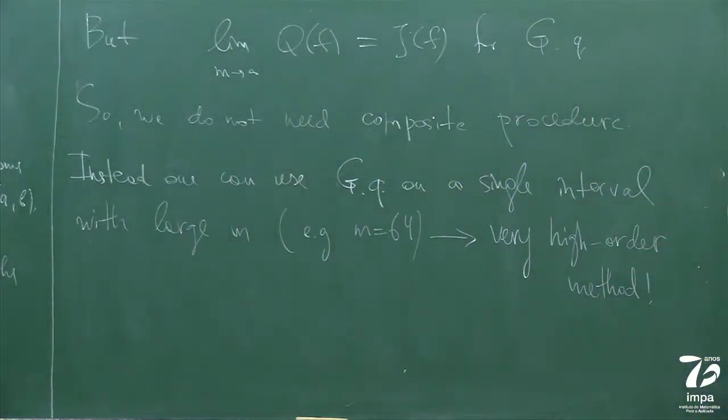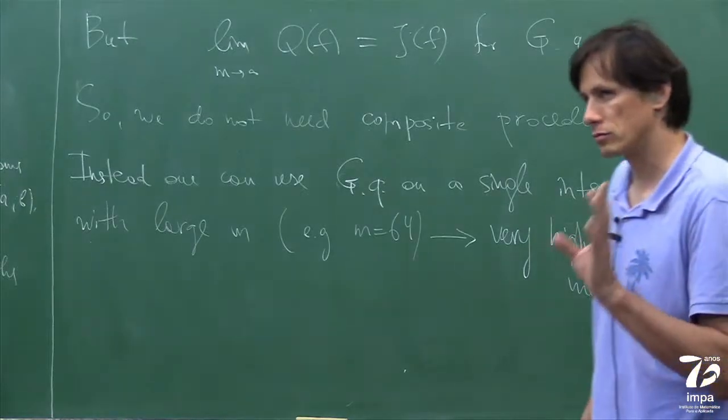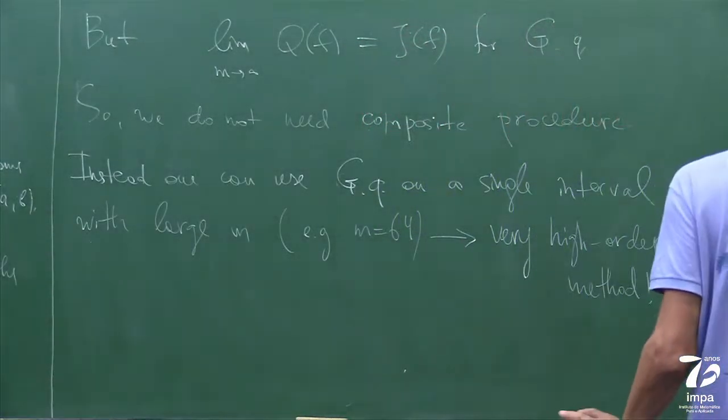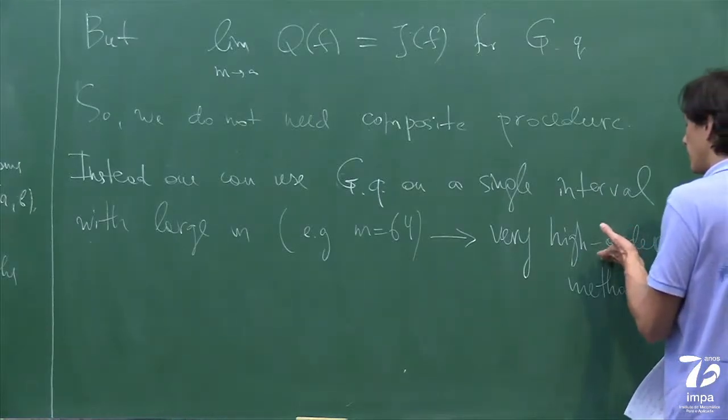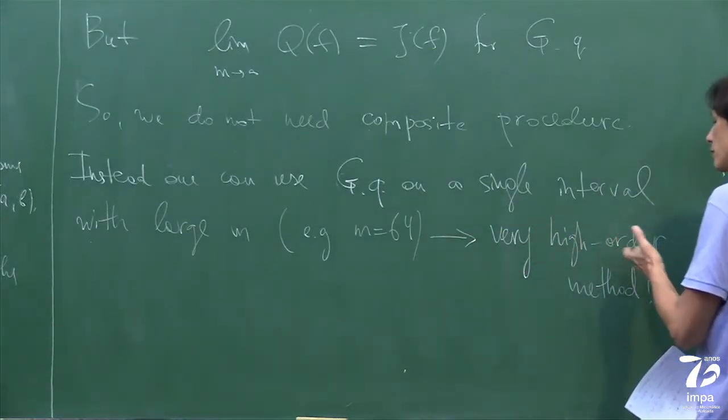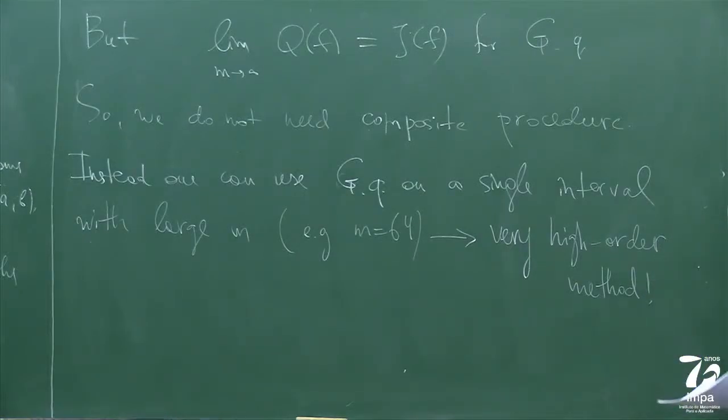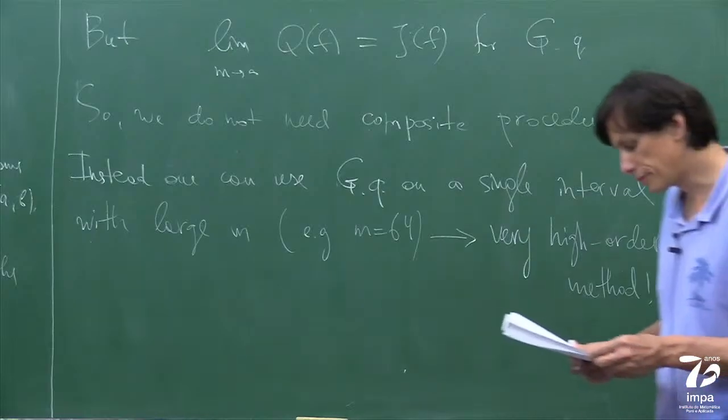Of course, if you go this way, you should take care of round-off errors, because as you increase m, very soon the order will be so high that the accuracy due to the approximation will be extremely small. So all errors will come from round-off, from computational error. So that's the essential difference.